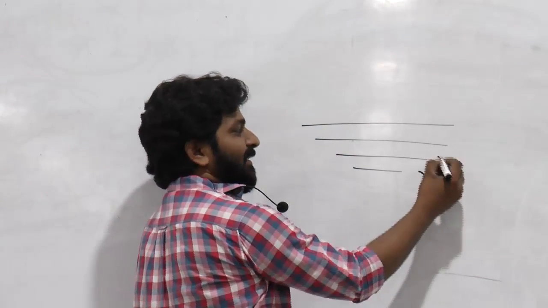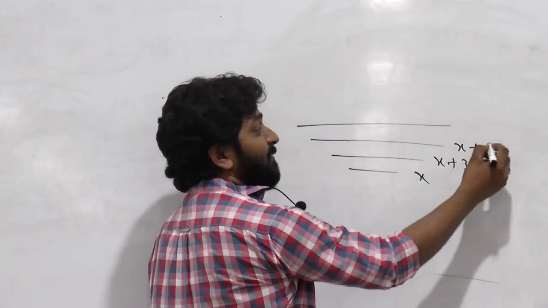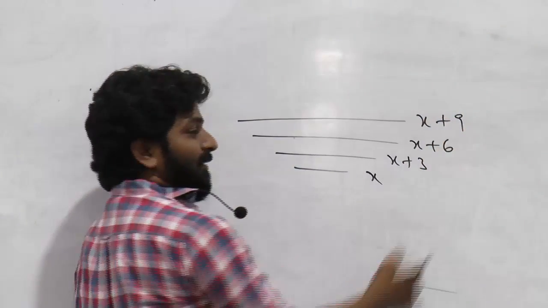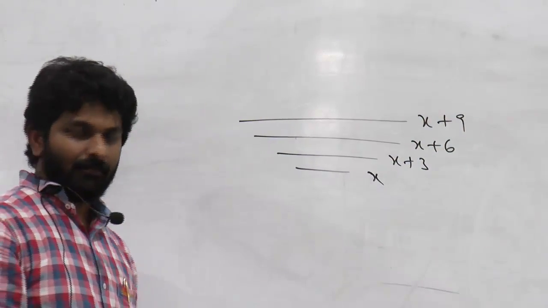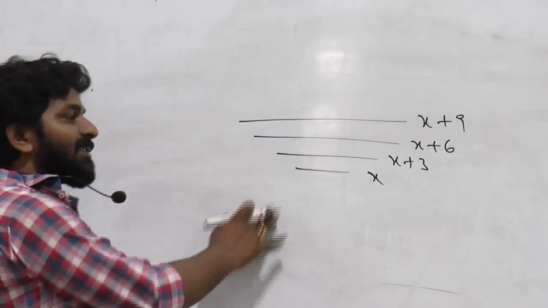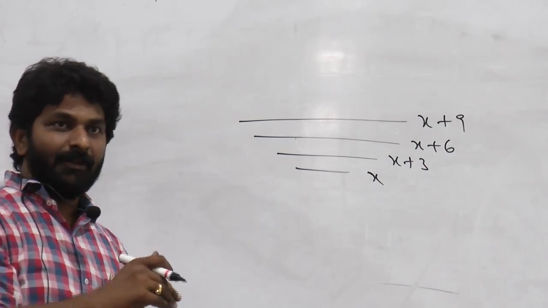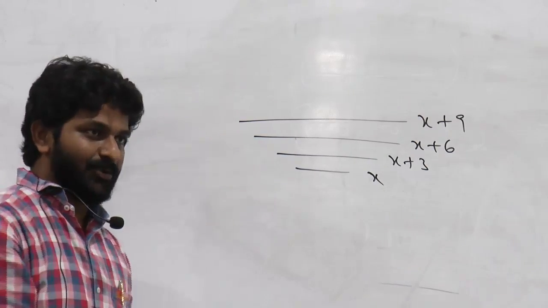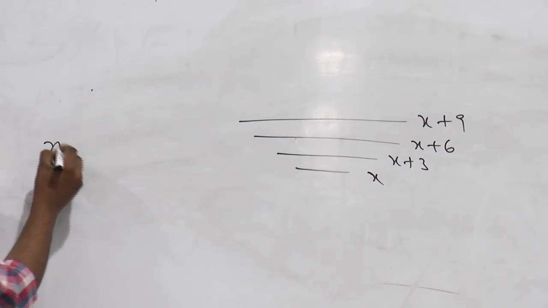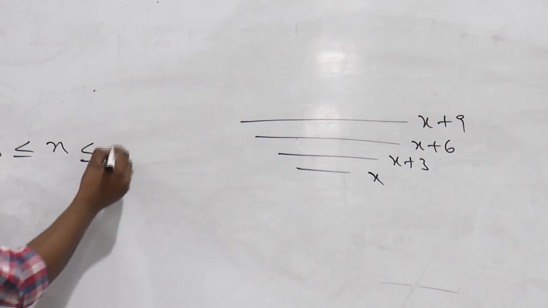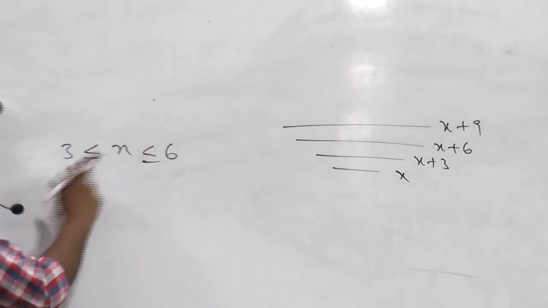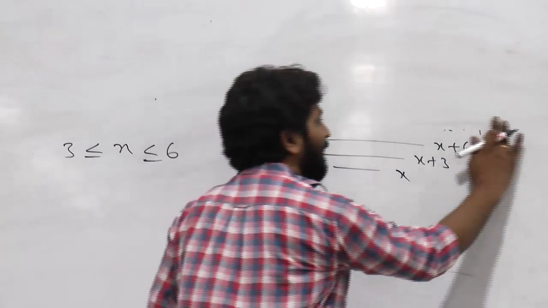Let's say this is x. x plus 3, x plus 6, x plus 9 if you have 4 rows. Let's start doing this from 3 rows onwards till 6 rows, because the n value is greater than or equal to 3 but less than or equal to 6, right? So let me start with 3 rows. If we have 3 rows, this is the way.